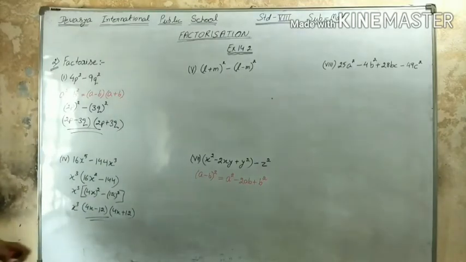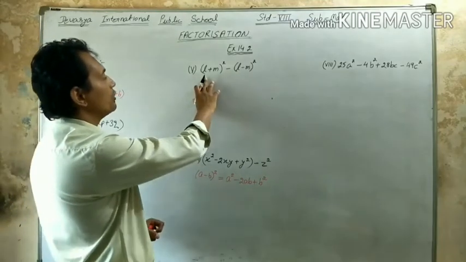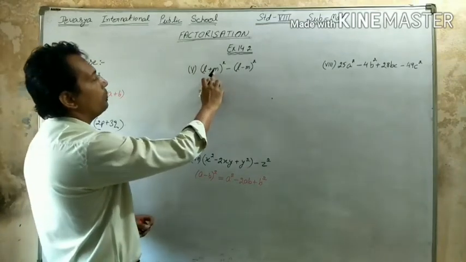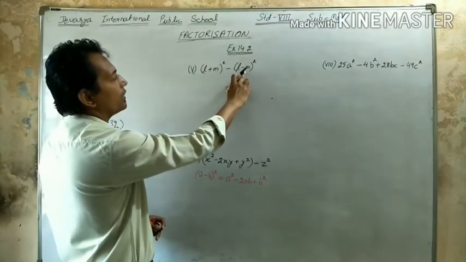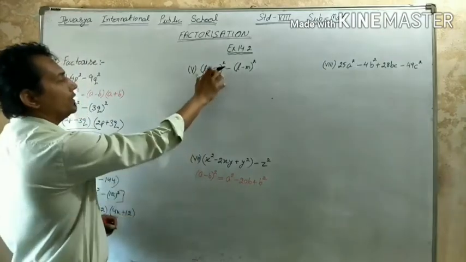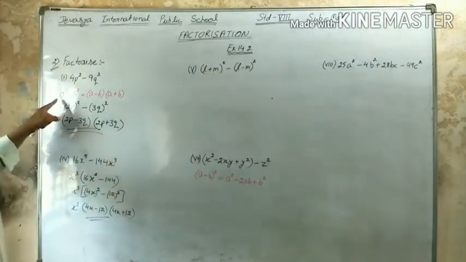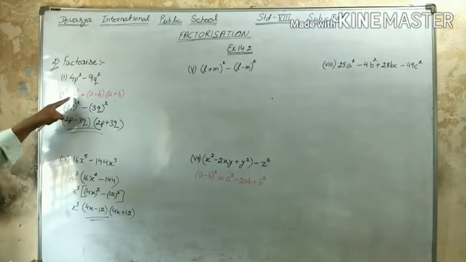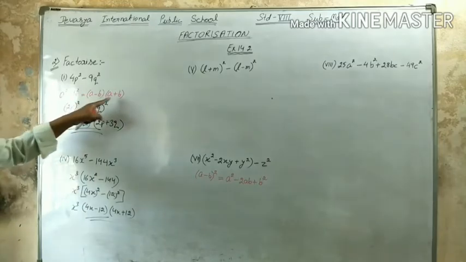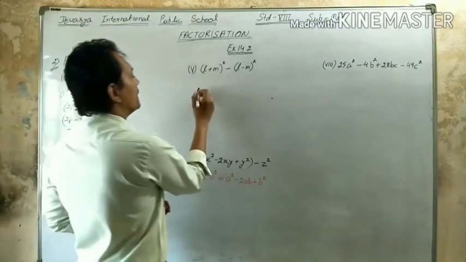Now we have one more expression, Roman number 5th, L plus m whole square minus L minus m whole square. So again, this is in this format, so we can use the same identity, a square minus b square is equal to a minus b into a plus b. Let's try.